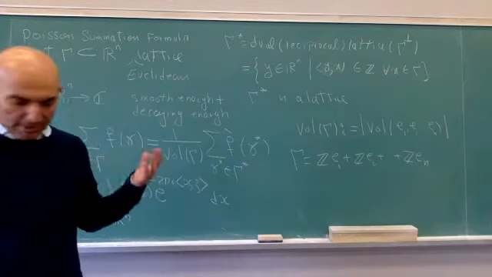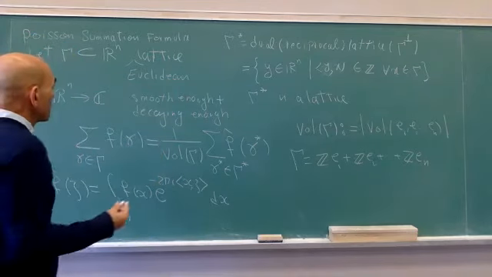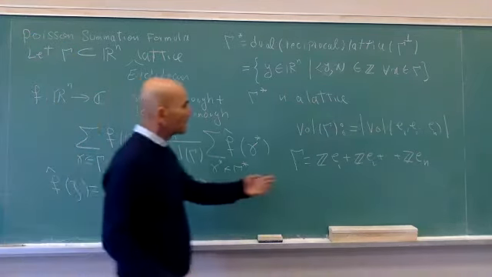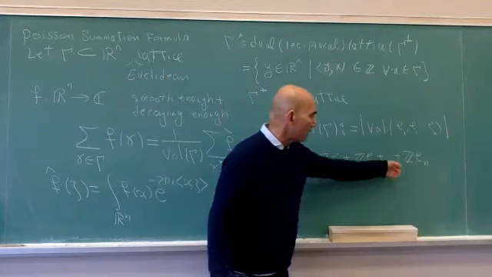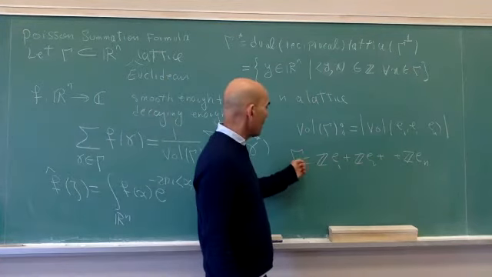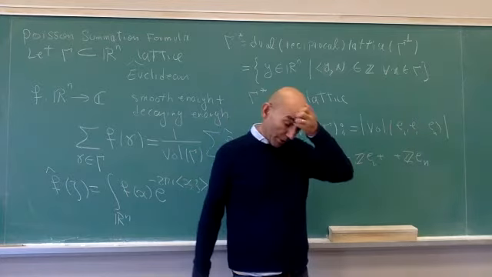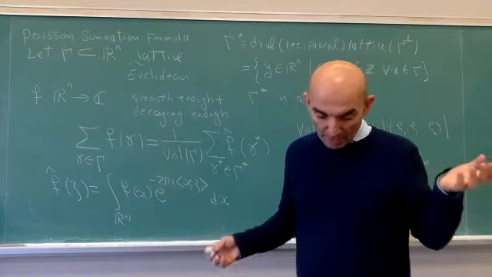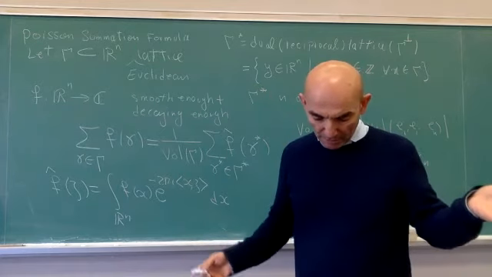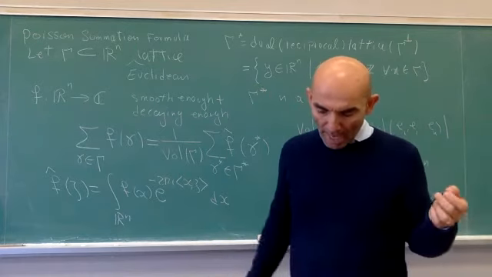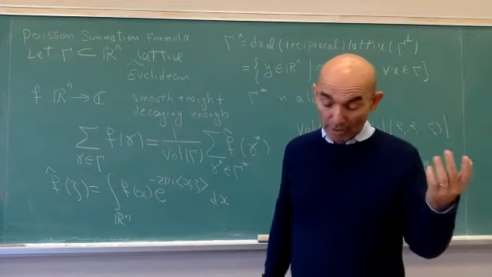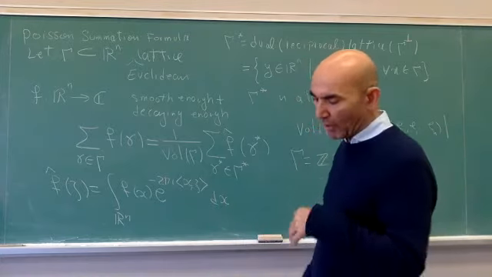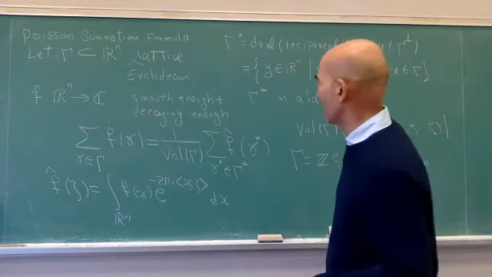So we're saying a lattice is a subset of Rn such that there exists a basis of Rn such that you can write gamma as such. In particular, it follows that this gamma is a free abelian group of rank n. And more than that, it is also a discrete subset of Rn, and a subgroup, and so on.